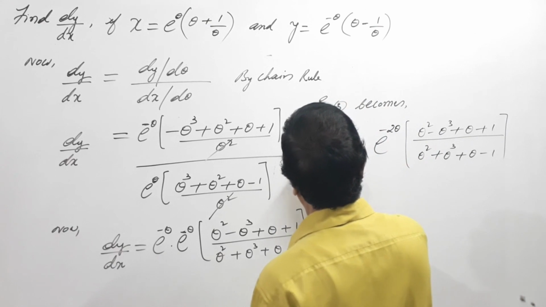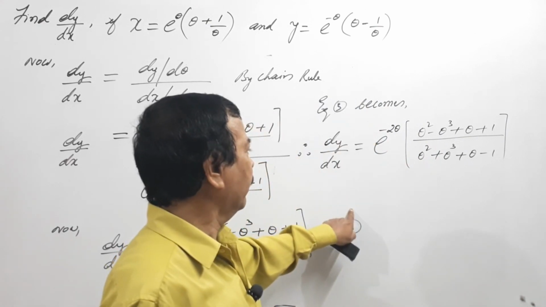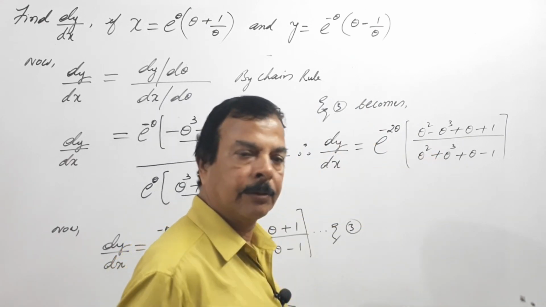Therefore, write in one line: dy by dx equals this.